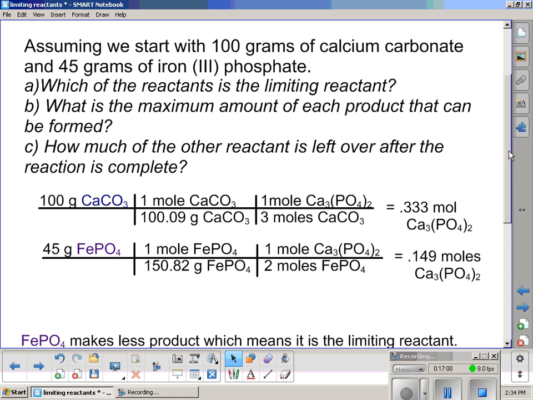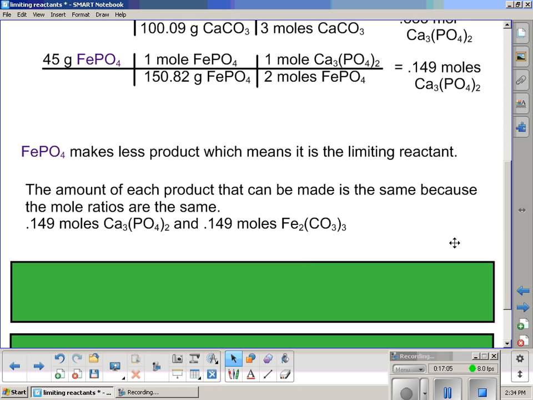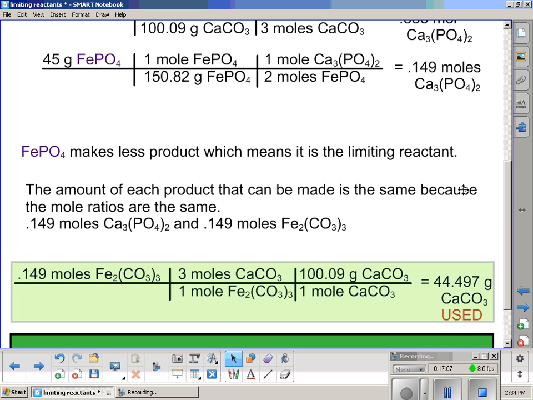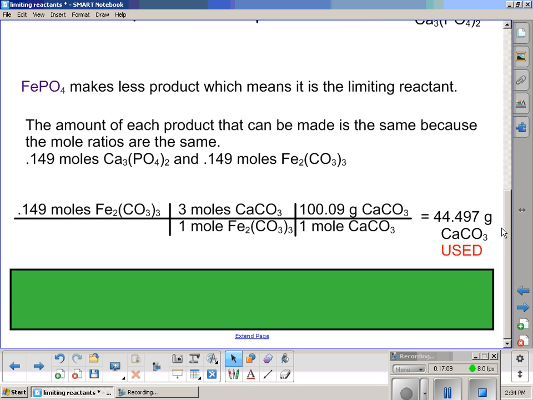Okay, finally, C. How much of the other reactant is left over after the reaction is complete? We go from the 0.149 moles of product, either product, it doesn't really matter, do our mole to mole conversion, and then convert to grams of the excess reactant.